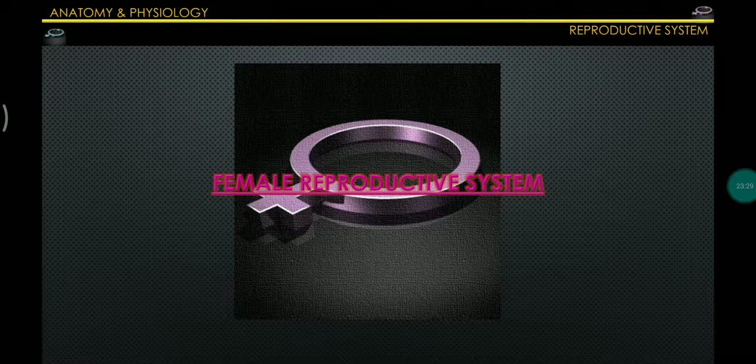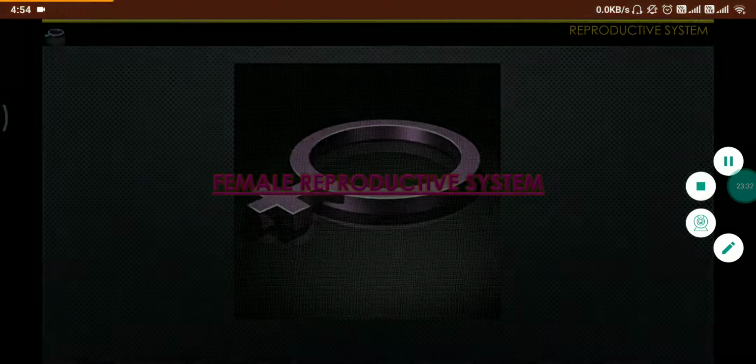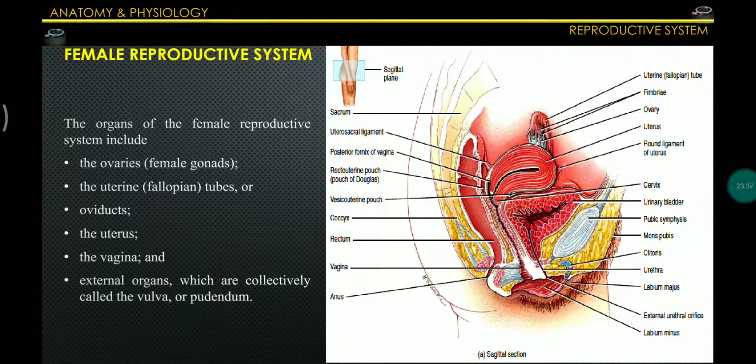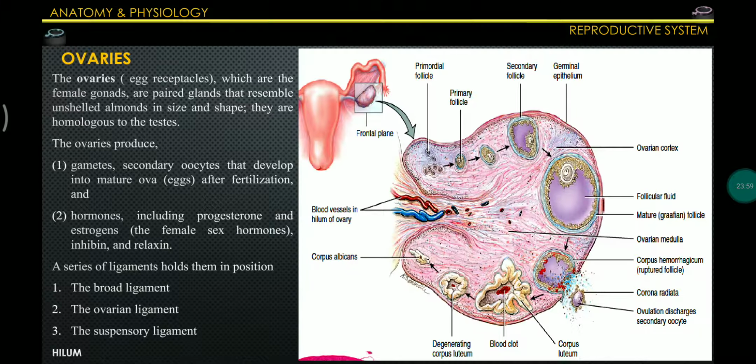Coming to the female reproductive system. The female reproductive system consists of gonads called ovaries, tubes like oviducts or fallopian tubes, accessory organs like the uterus and vagina, and glands. Ovaries are the producers of eggs.